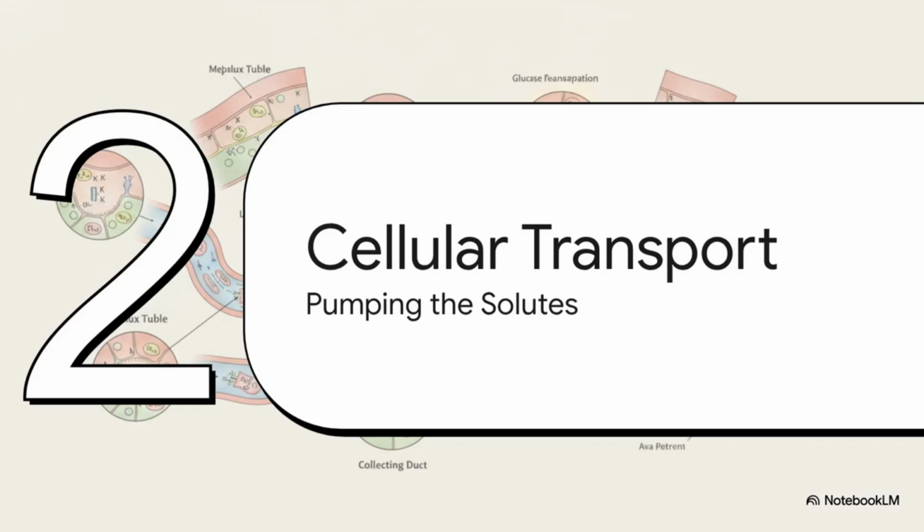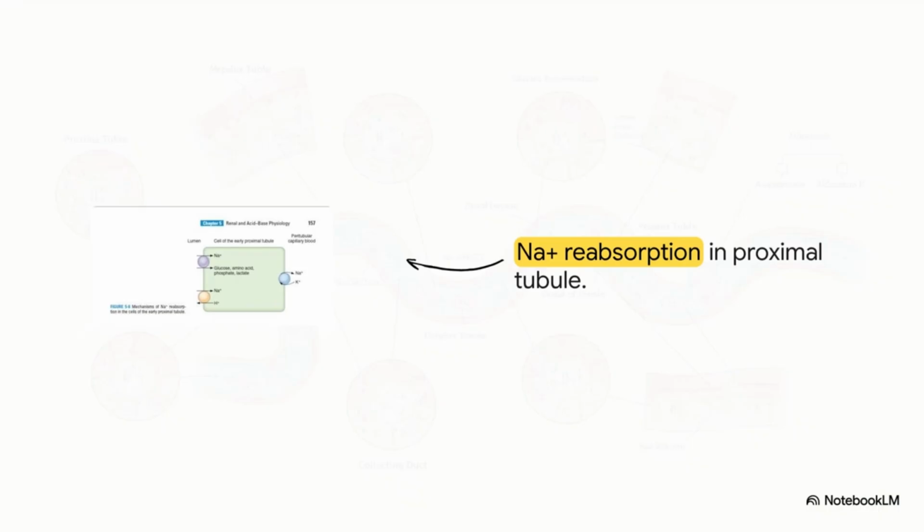All right, let's get into the nitty-gritty of how this actually works at the cellular level. Check out what's happening on the basolateral side. That's the side facing the peritubular capillary. You've got this active sodium-potassium ATPase pump. It's actively burning energy to constantly throw sodium out of the cell. This is genius because it keeps intracellular sodium levels extremely low, creating a powerful concentration gradient.